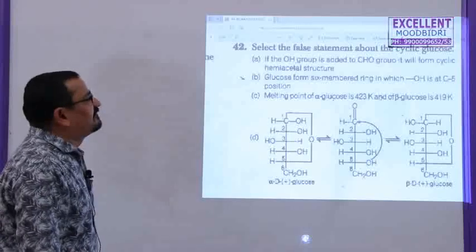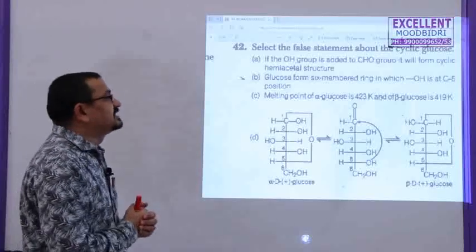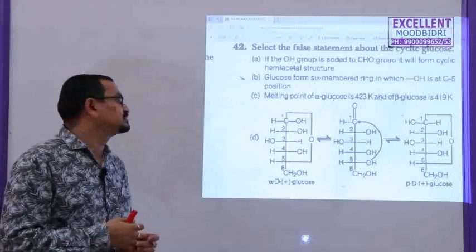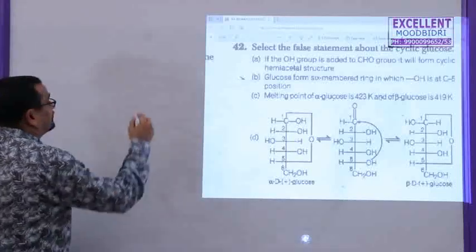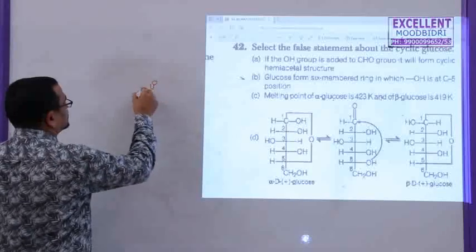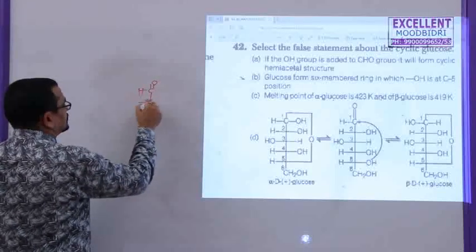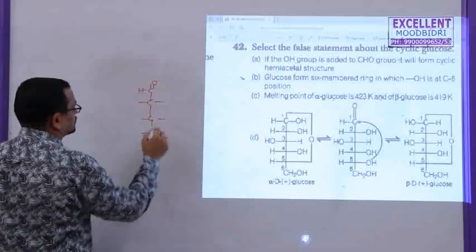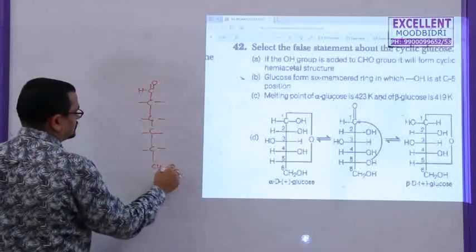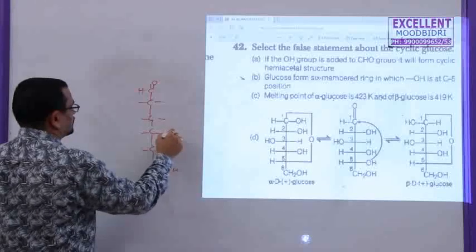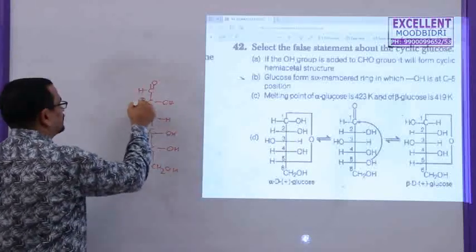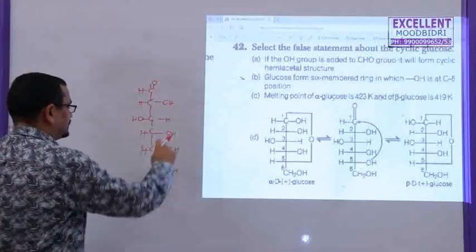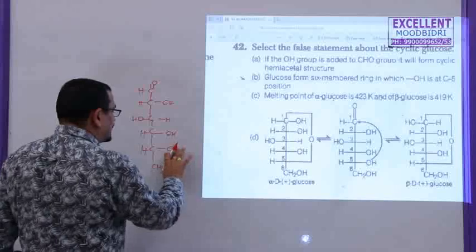Next one is select the false statement about the cyclic glucose. Cyclic form of glucose, Haworth projection or pyranose structure. See, if this is the structure of glucose, C double bond OH, now there is a bond formation, glycosidic link.